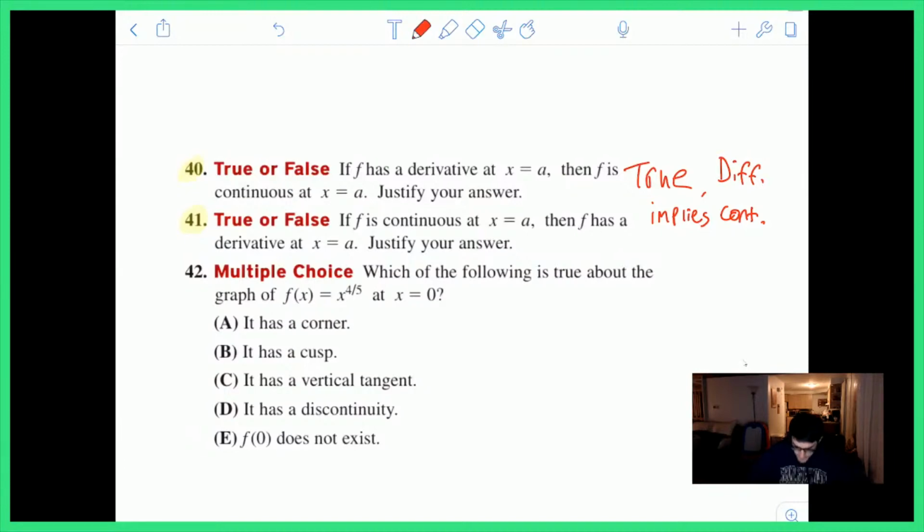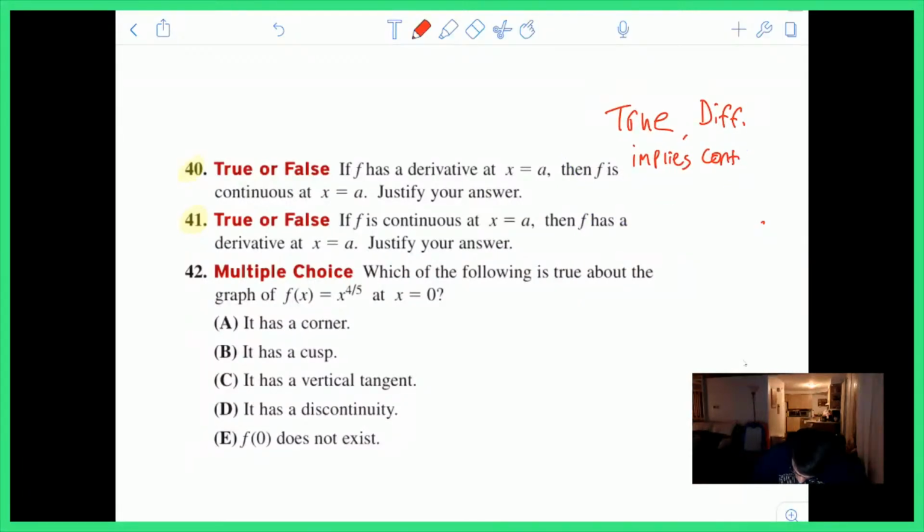In order to justify something as false, really all you need is a counterexample, right? So let's just scooch this over here for a moment, and I'm going to create a counterexample. I need something continuous at a that doesn't have a derivative at a. Well, I choose the absolute value of x, right?